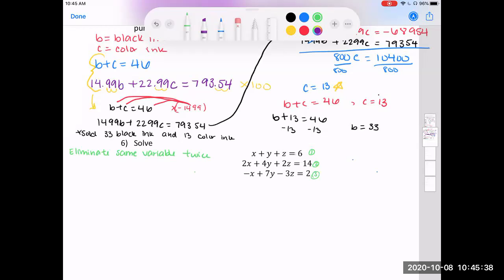So I'm looking at this, and I think x's would be easy to work with because I have a lot of x's where there's no coefficient. Plus, I have two x's done straight off the bat, right? With equations 1 and 3.